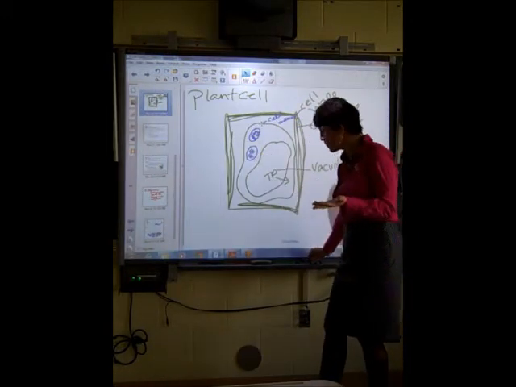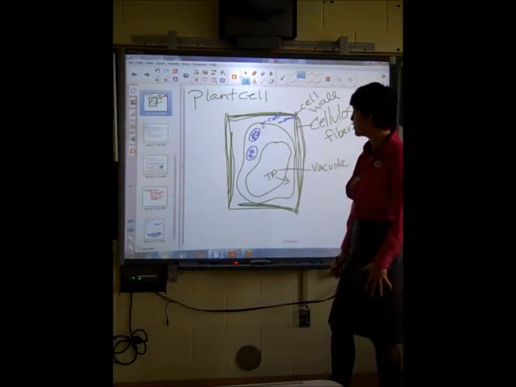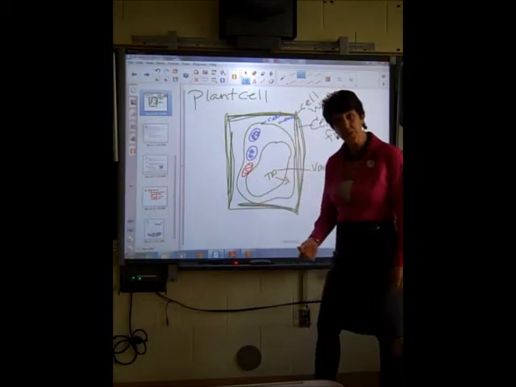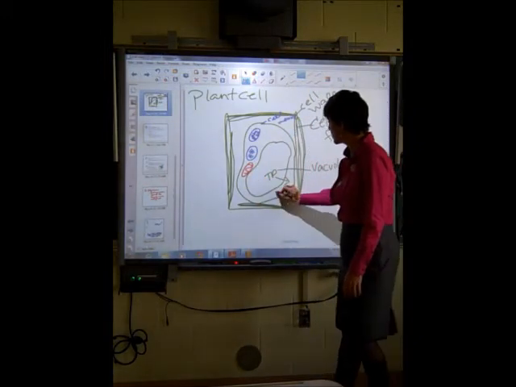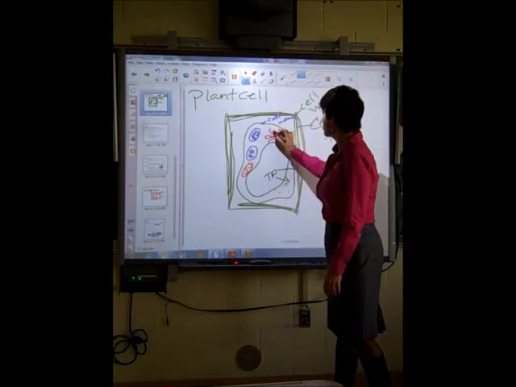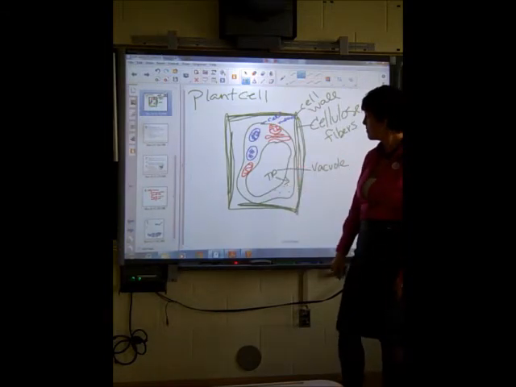I could also finish off this diagram and add a couple more just as a refresher of the organelles that we did. A mitochondria because plants do respiration as well. Some ribosomes, some ER, some Golgi bodies, a vesicle. We already have a vacuole.